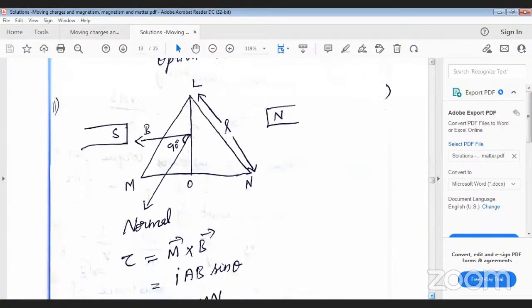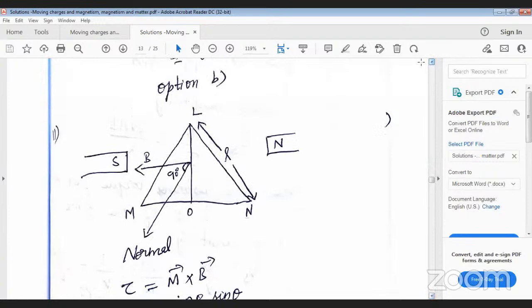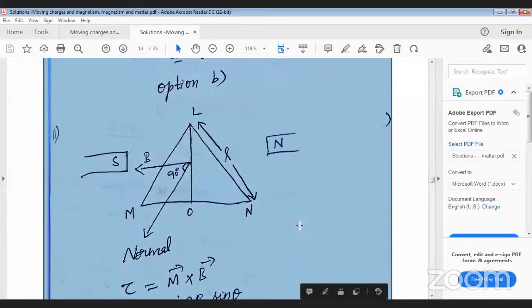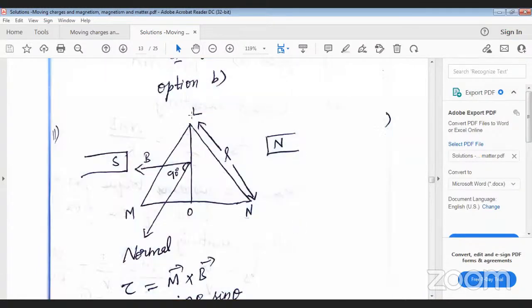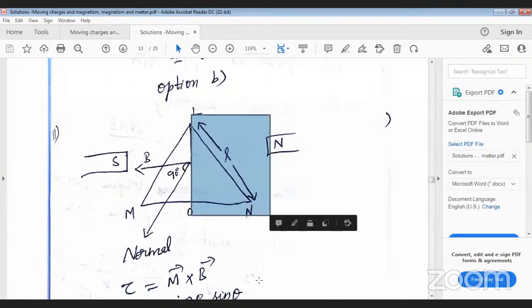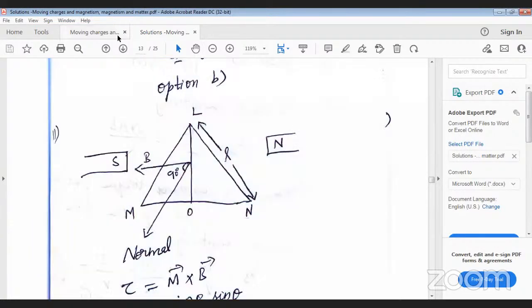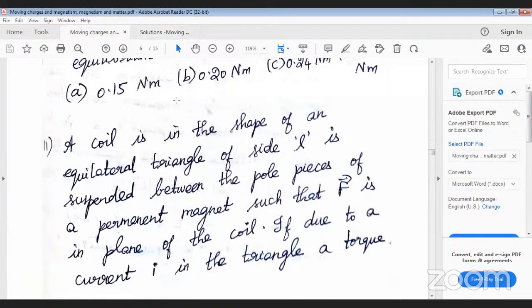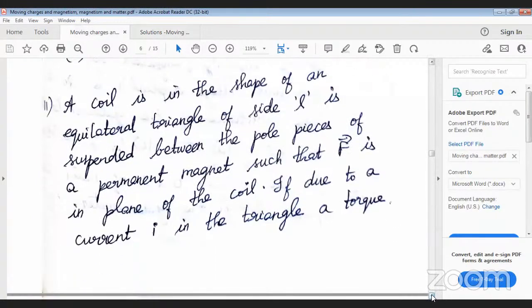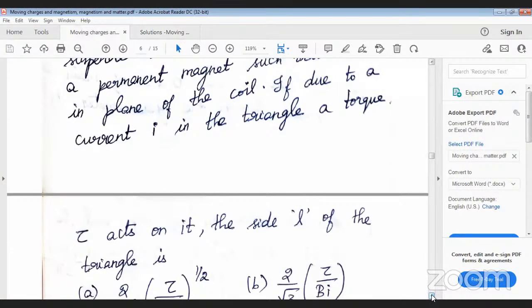This is the equilateral triangle suspended between the pole pieces, south pole, north pole, suspended like this, and the side of the equilateral triangle is small l. Here, they are telling that B is in the plane of the coil.